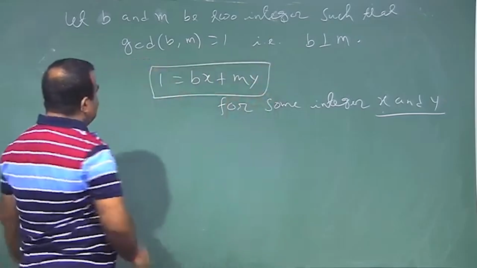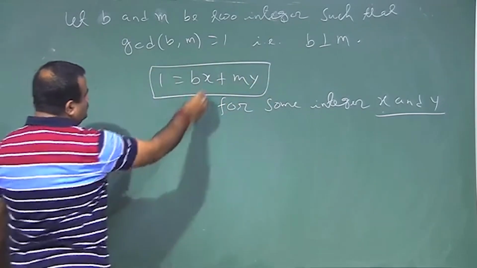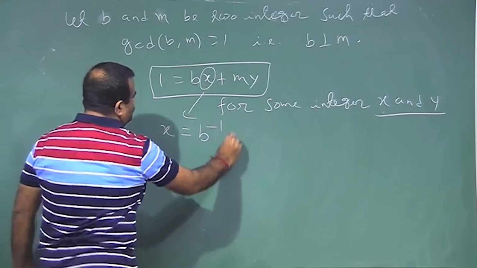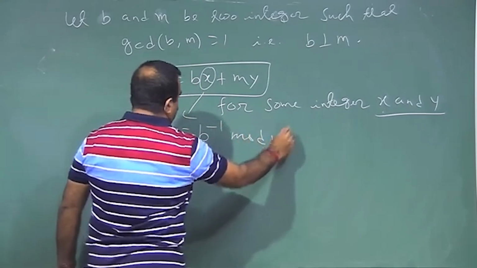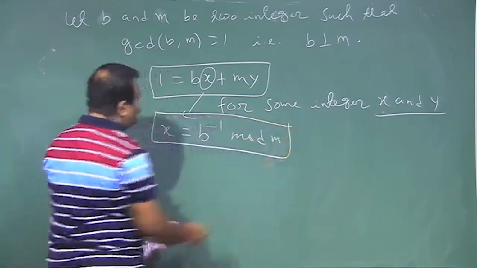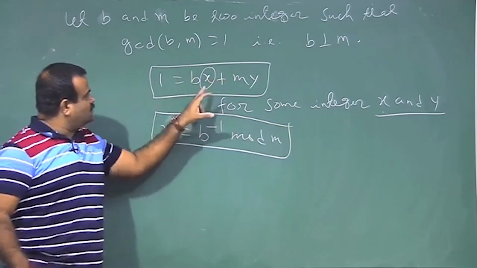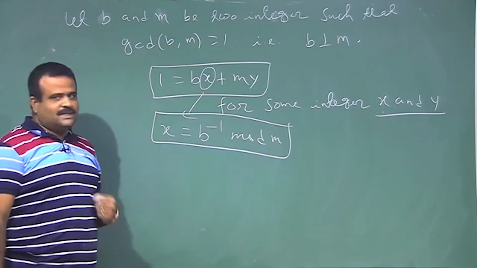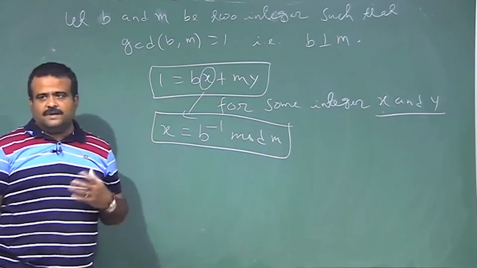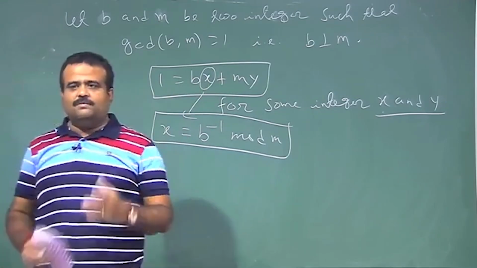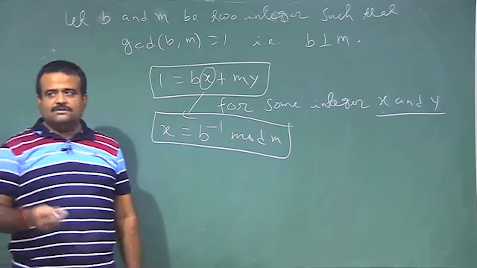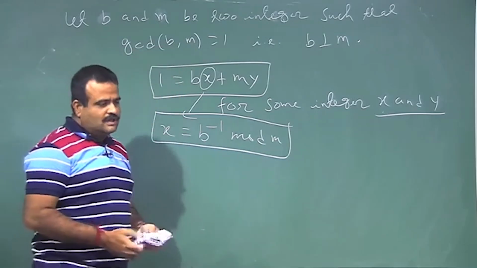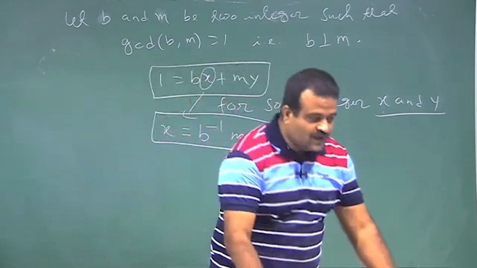From here, x is basically b inverse mod m, the multiplicative inverse. So, if we can find x, then x is the multiplicative inverse of b under modulo m, and we will get that from the Euclid algorithm. So, let us talk about this Euclid algorithm.